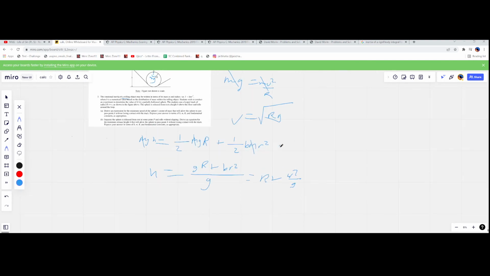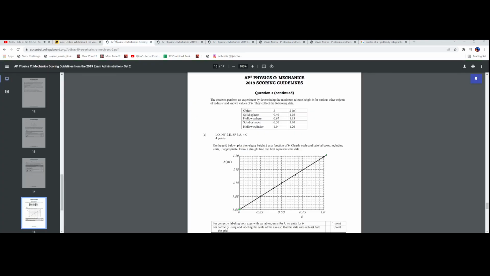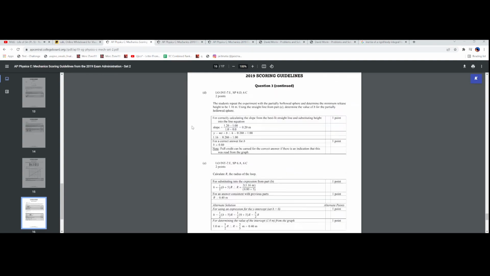Also, sorry, this should have a w squared there. This algebra is bad, but whatever. So you just plug it into conservation of energy. That's the bottom line.